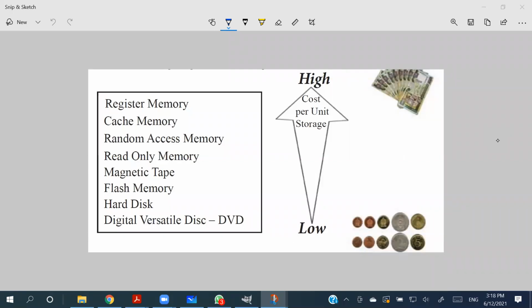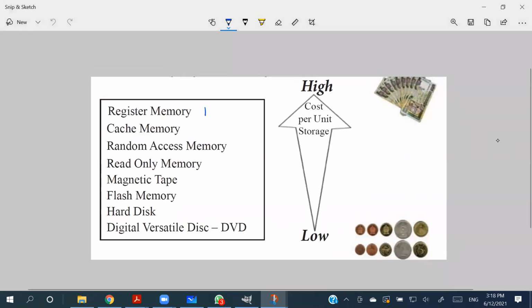CPU will cost you like 20 to 30,000, maybe more, right? So we know register memory is in kilobytes. This is in kilobytes, but this costs you around 30,000.